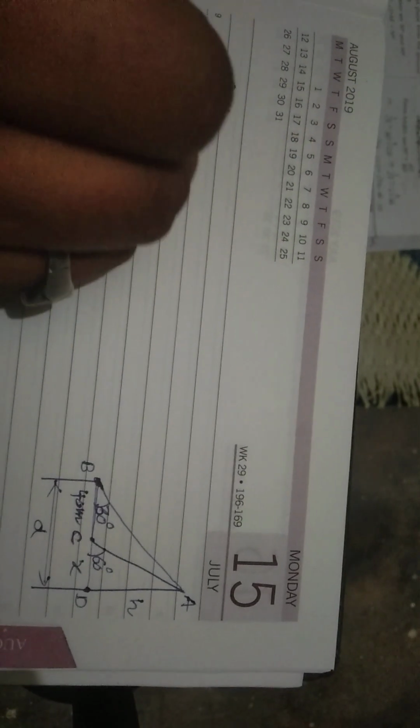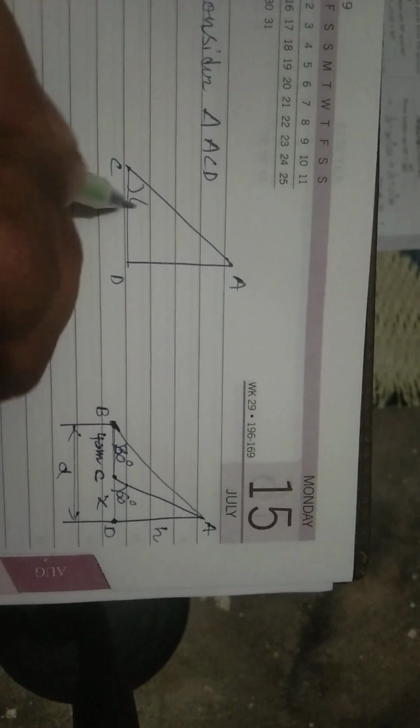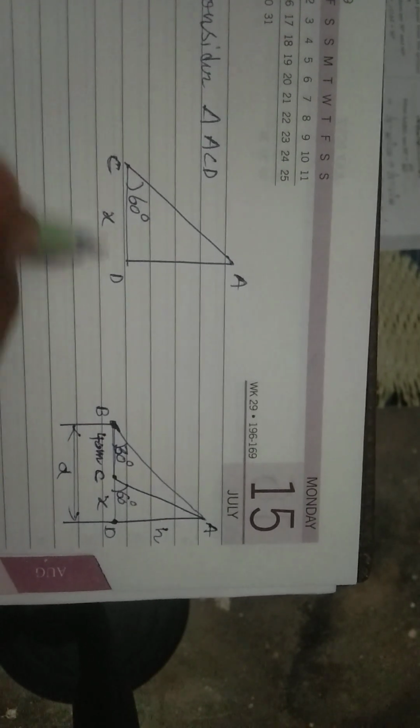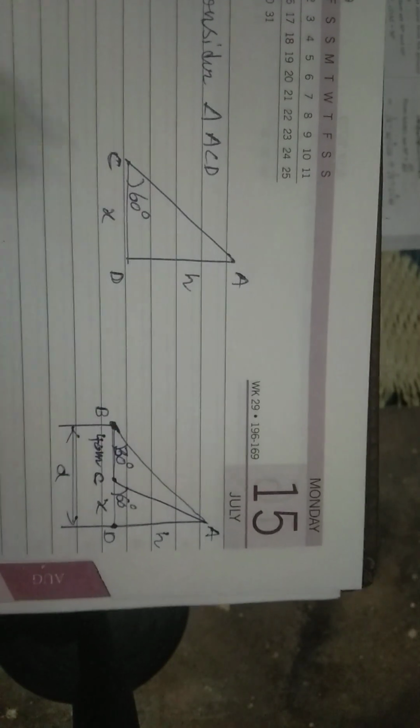Consider triangle ACD. Here the angle of elevation is 60 degrees. Let the distance between the second observation point and the tower be x and the height be h.